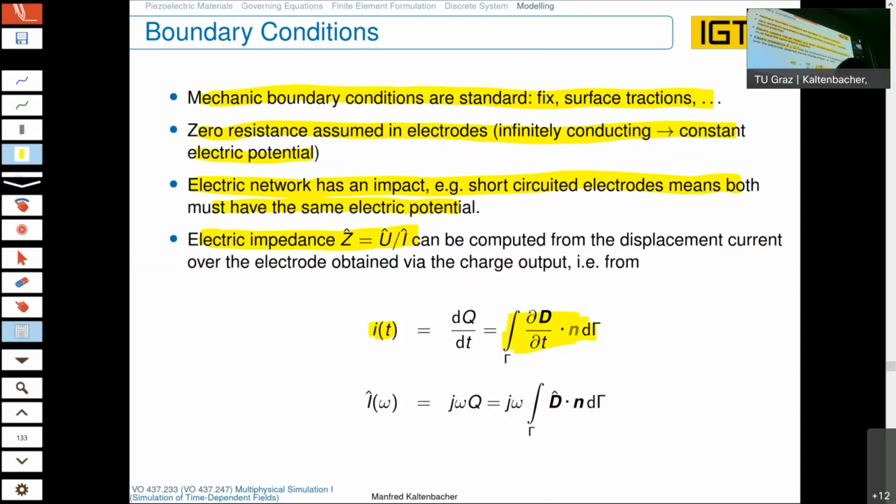And please remember that D is a function of both mechanical displacement and scalar electric potential.